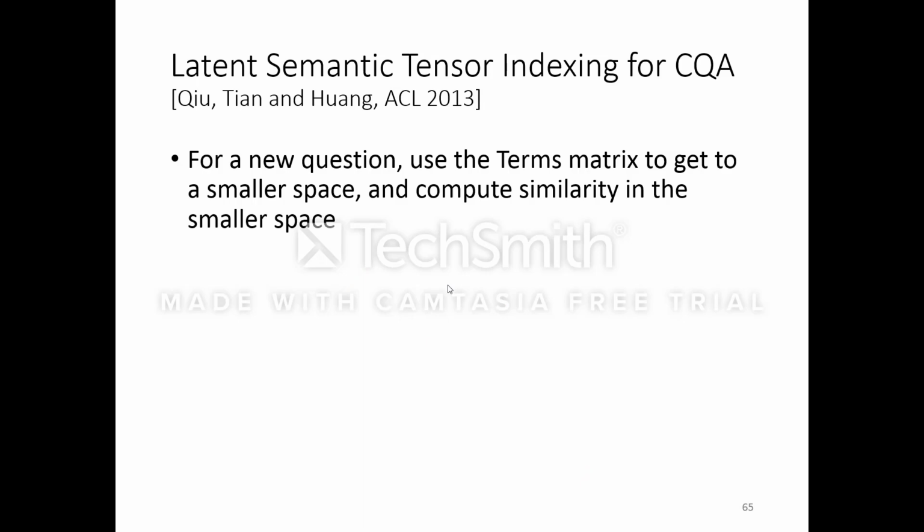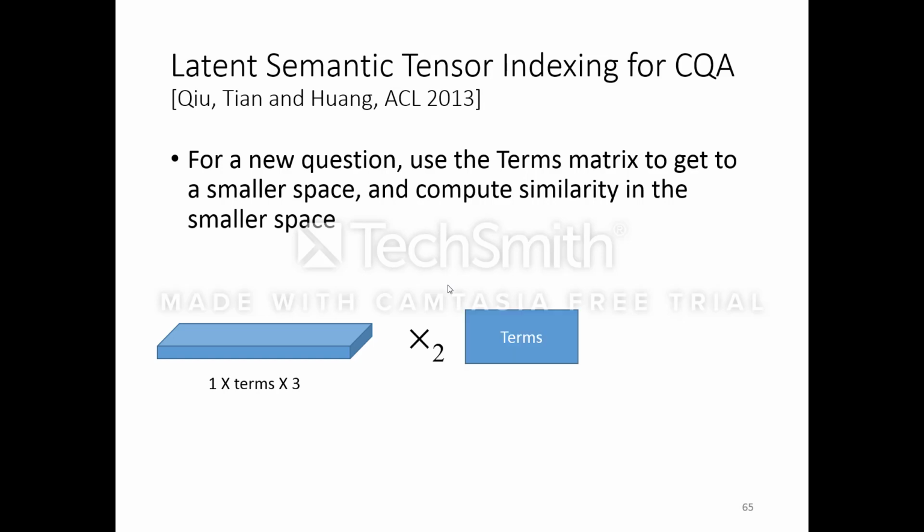Okay. So let us see how this can be used to do retrieval in the CQA space. For a new question, use the terms matrix to get to a smaller space and compute the similarity in the smaller space. Okay. So for a new question which is 1 by terms by 3, you have all the 3 parts if it's a CQA triple: question title, question detail, and answer. Then you have this whole tile, basically 1 by terms by 3.